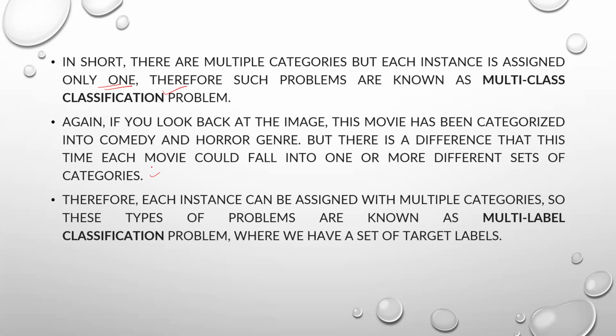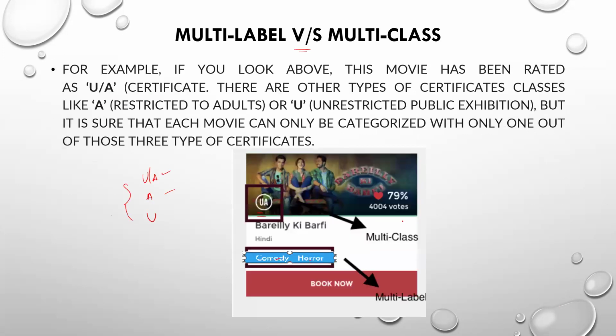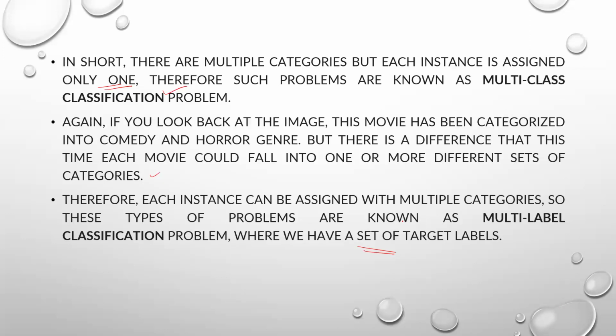You can't simply say only comedy. Categories where we give one or more are called multi-label categories. Each instance can be assigned multiple categories. These types of problems are known as multi-label classification, where we have a set of target labels. Friends, I hope you understood the difference between multi-label and multi-class classification.